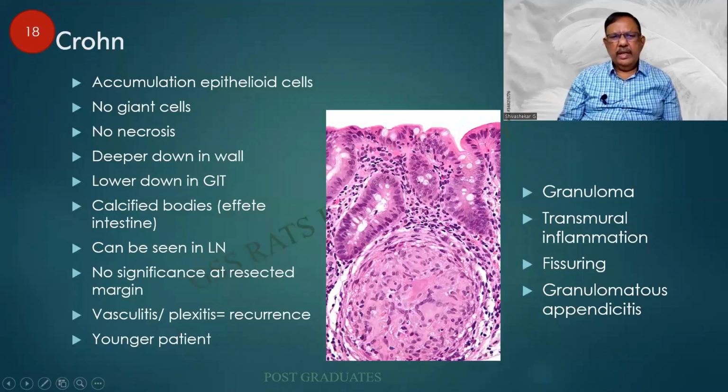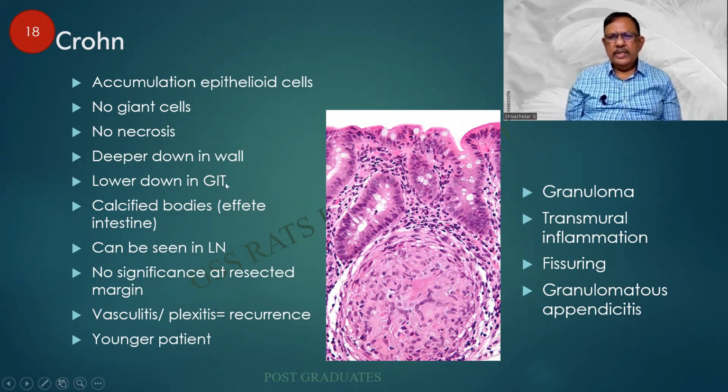Crohn's disease, again, not much of a repetition. You find that there is an epithelioid granuloma, preferably lower down, non-necrotizing. There can be minimal giant cells. And whenever we think of tuberculosis, it can be the other way around. This again is important.